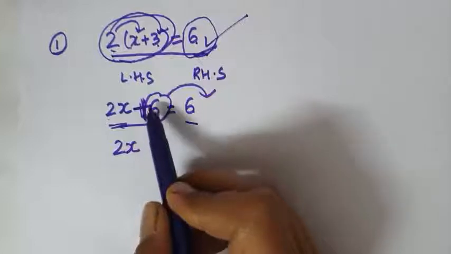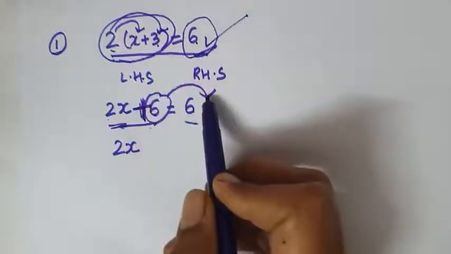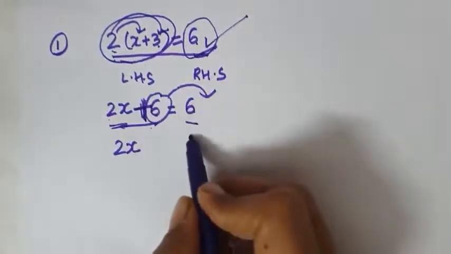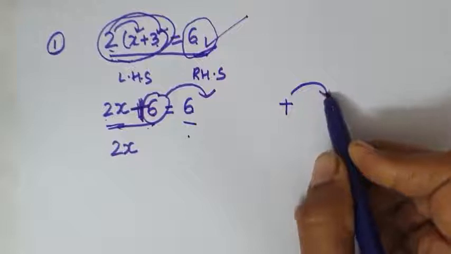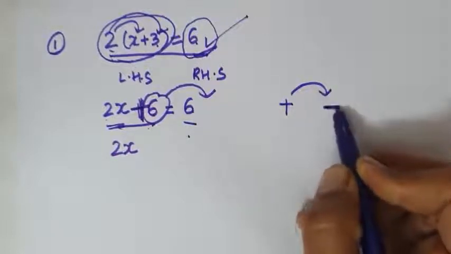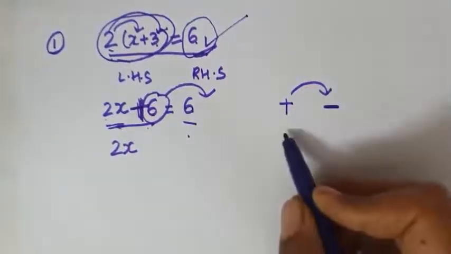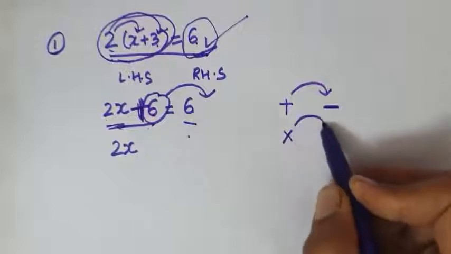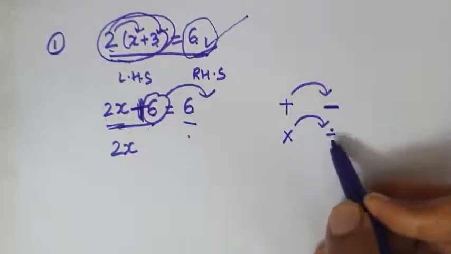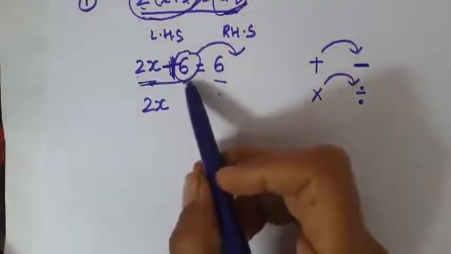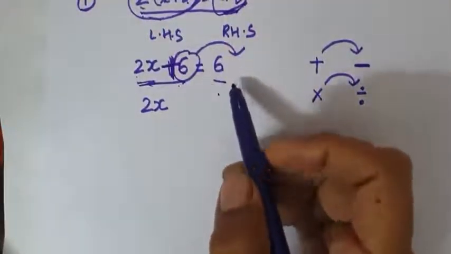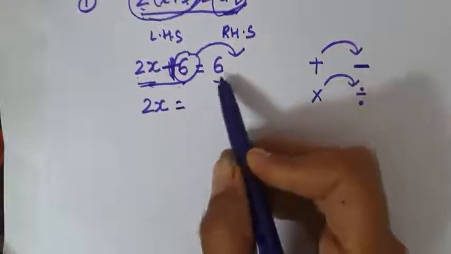When it will shift to right hand side, it will get subtracted. Means plus will change to minus. Similarly, multiply will change to division. So now 6 will shift to right hand side. What we get?